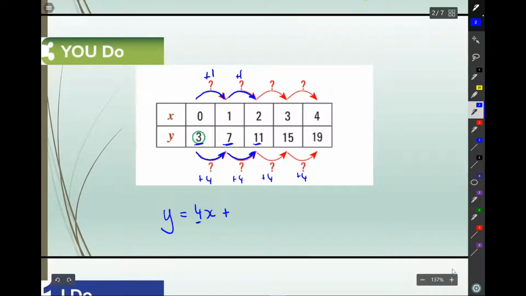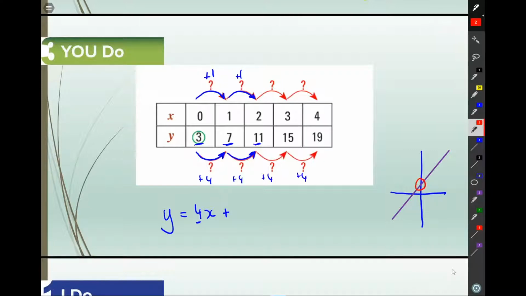Now, the last thing we're going to identify is what we call the y-intercept. Now, the y-intercept on our Cartesian plane is the point where our line crosses the y-axis. Now, the key thing we know about this point is that we don't have to crawl anywhere. Anywhere on the y-axis, we haven't crawled left or right.